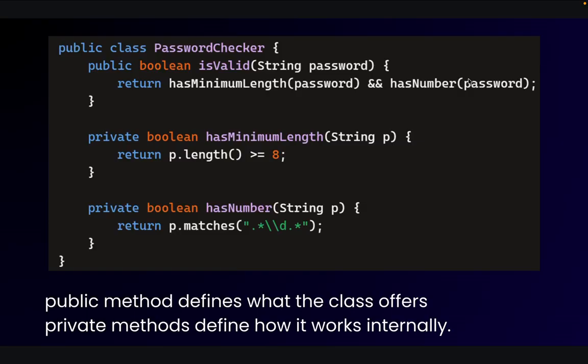If you take a look at our isValid method, it uses those two helper methods, our two private methods, inside of it to do an action. So technically, other code does not need to see these two methods, but our class needs to see them in order to do one of the public methods. So this is what I mean when I say your private methods are technically helper methods that don't need to be seen by other code.